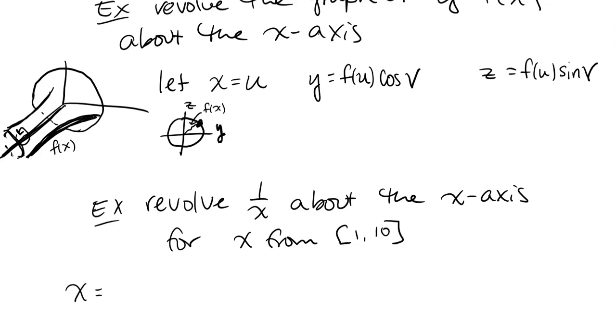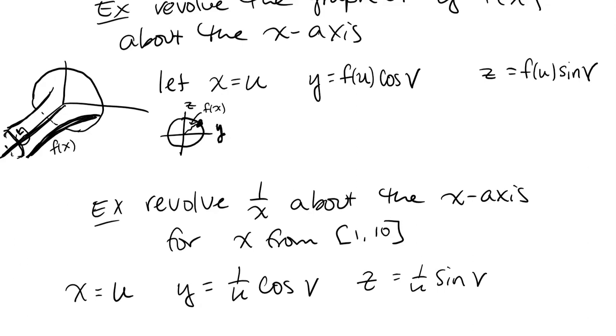So we could simply let x be u, be a parameter, and then we could let y be the function, which in this case would be 1 over u, times cosine of another parameter, say v, and then z be 1 over u times sine of that other parameter, say v.